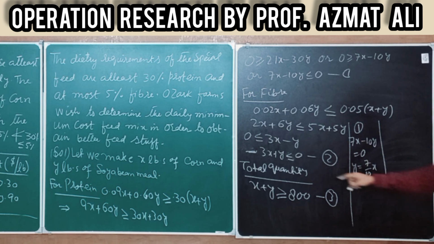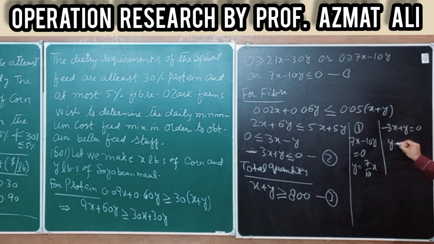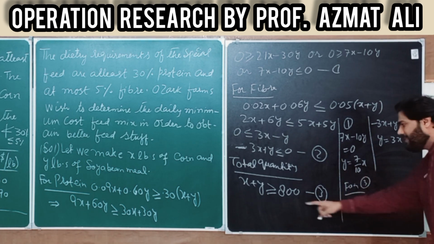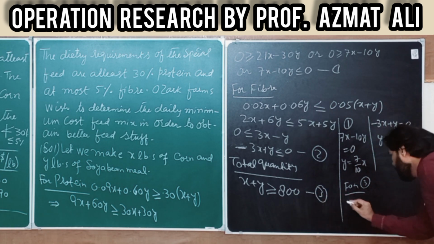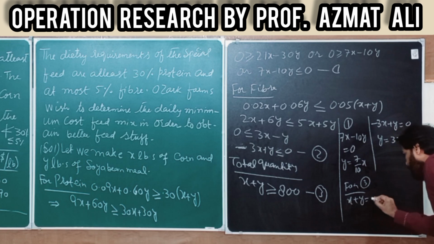In the second case, the associated equation is minus 3x plus y equal to 0, or y is equal to 3x. And in the third case, for 3, the right side is equal to a non-zero number, that is 800. Its associated equation is x plus y equal to 800.